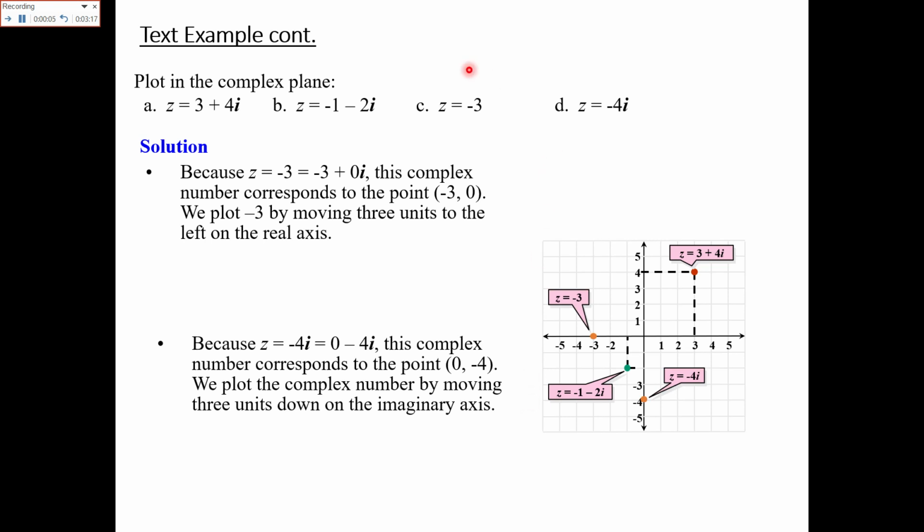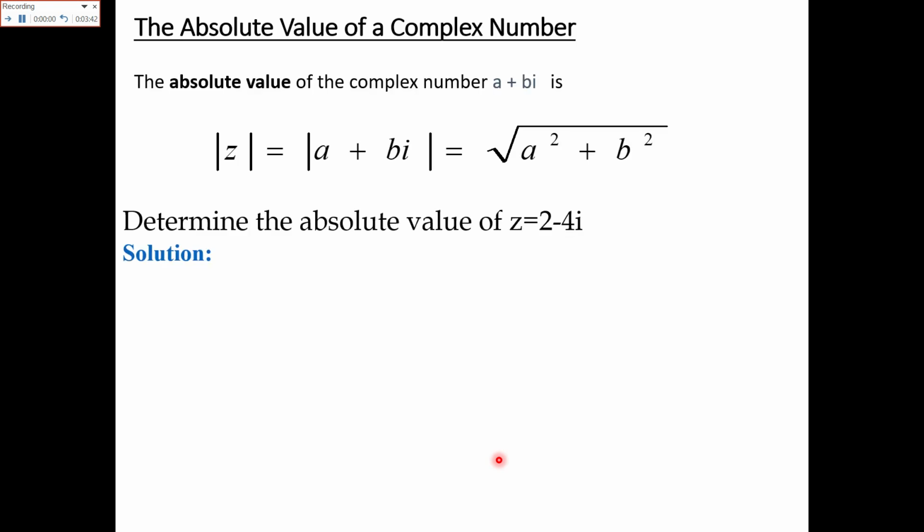Our third number is z equals minus 3, which is only a real part, there is no imaginary part involved. So this will be only a point upon the real axis at minus 3. And in example D, we have 4 iota, only the imaginary part is there, so we have only a point on the imaginary axis. So these are basically the solutions for the complex planes.